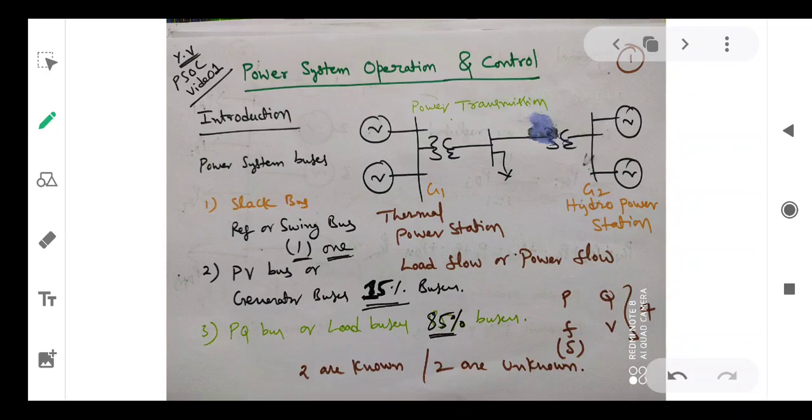Only one bus is the reference bus in a power system, and the remaining 15% buses are generator buses and 85% buses are load buses. The parameters of the power system are P, Q, delta and V. Among the 4, 2 are specified at each of the buses and 2 are unknown. After performing the load flow analysis, we can compute the unknown parameters of the power system at each bus.